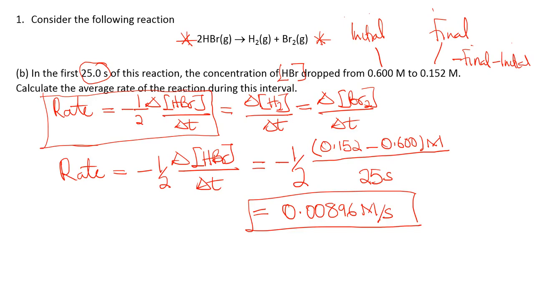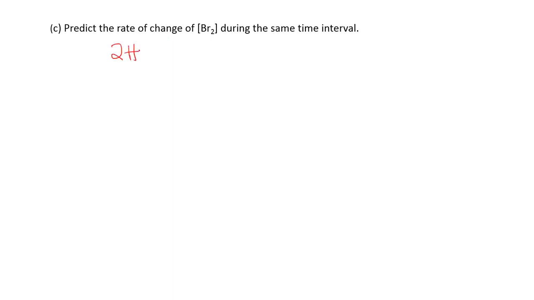Now let's look at the same problem, but the C part, the third part of this problem. So I will start with the equation again. The equation is 2HBr gas to form H2 gas plus Br2 gas.